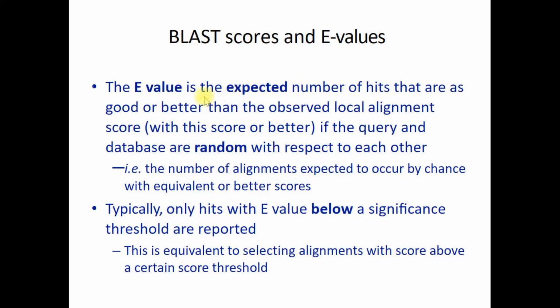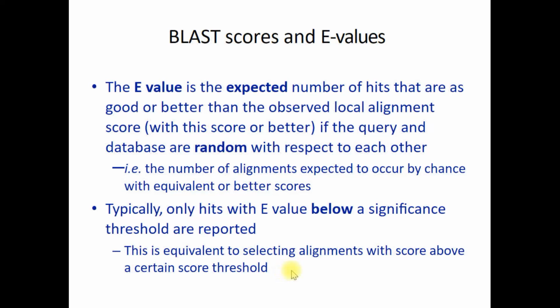So again, the e-value is the expected number of hits that are as good or better than the observed local alignment score if the query and the database are random with respect to each other. In other words, it measures how likely a match is to occur by chance, and typically only hits with an e-value less than a significance threshold are reported.